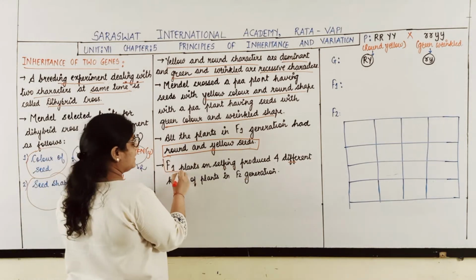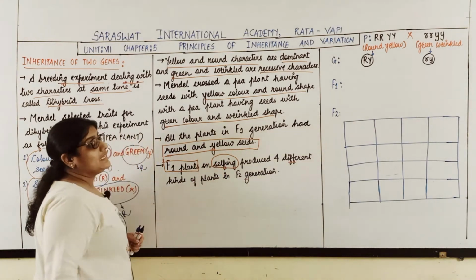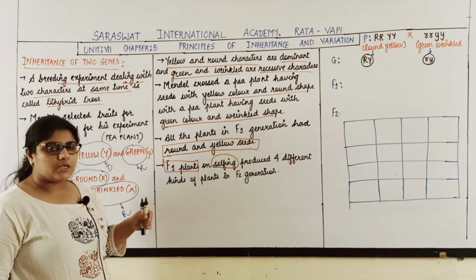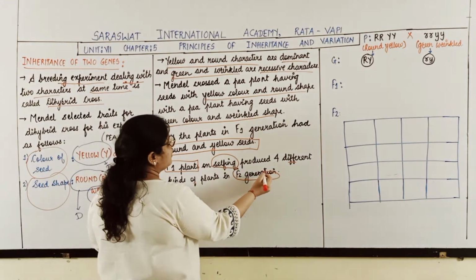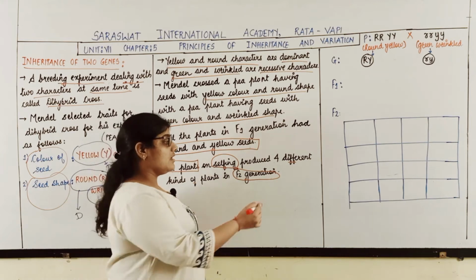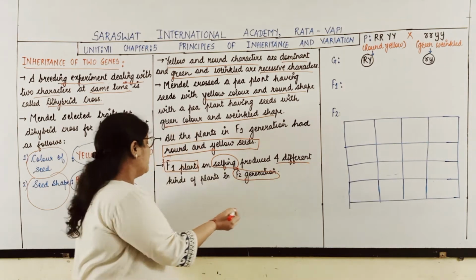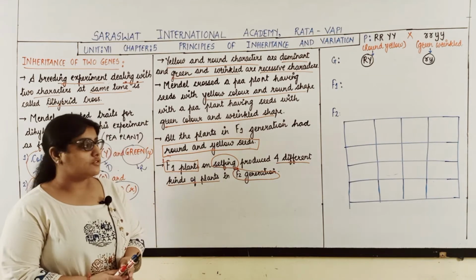Now when Mendel selfed the F1 plants, we get the plants of which generation? The F2 generation. But students, here he obtained four different kinds of plants in the F2 generation.